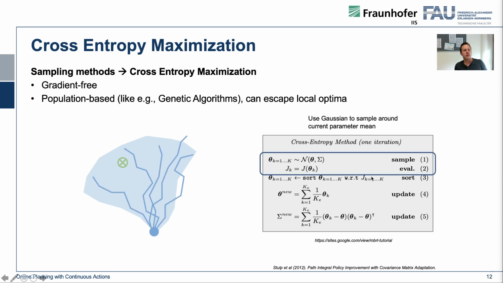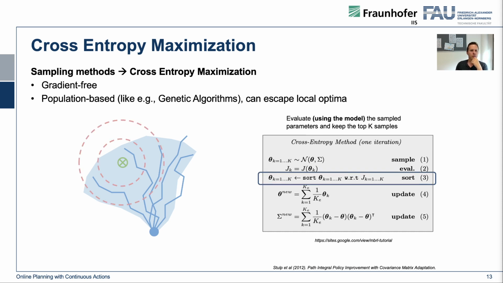In the beginning, we sample from Gaussians around the current parameter means. So we sample a lot of actions that lead to different trajectories. We then evaluate the sampled parameters using our model, and keep the best ones. We see that this trajectory is maybe not that good, and this one is also maybe not that good.